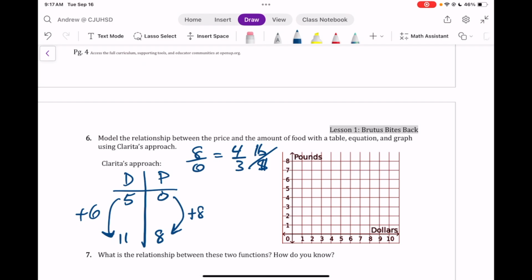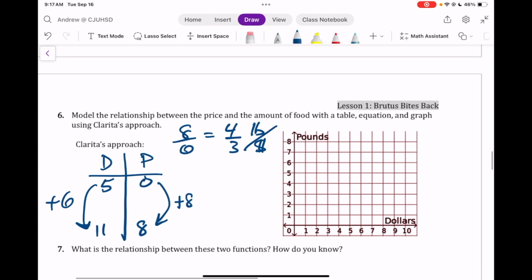Now, do you remember when we were doing arithmetic sequences that when you start somewhere, so in this case, we started with 5, we would have to modify the x variable. So we have to do an x minus 5 or an n minus 5 or something like that. So in this case, we have to do the same thing.